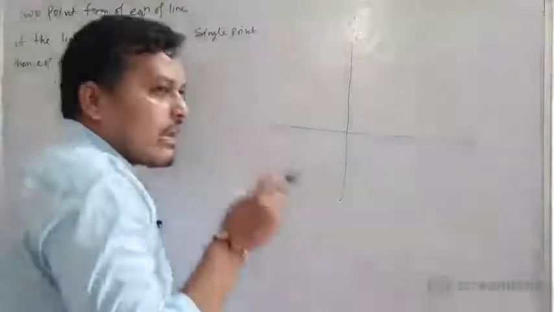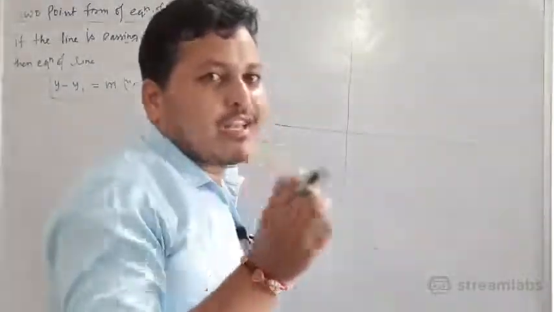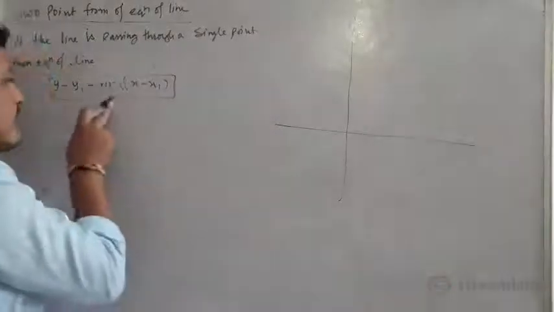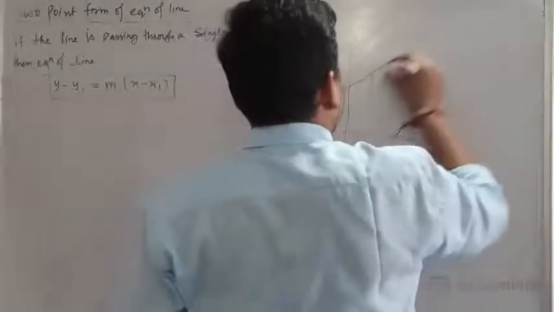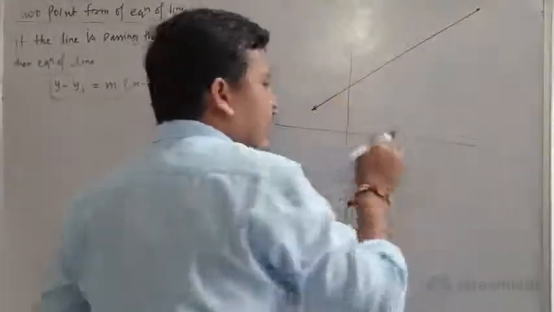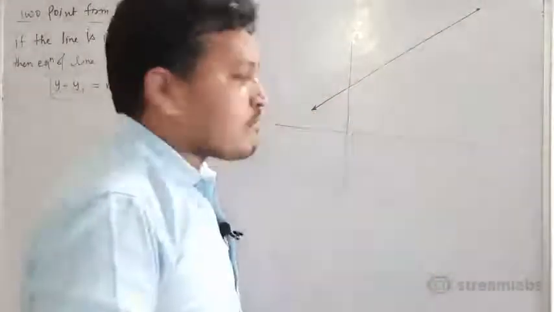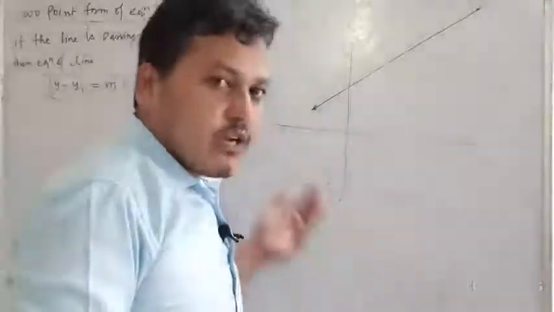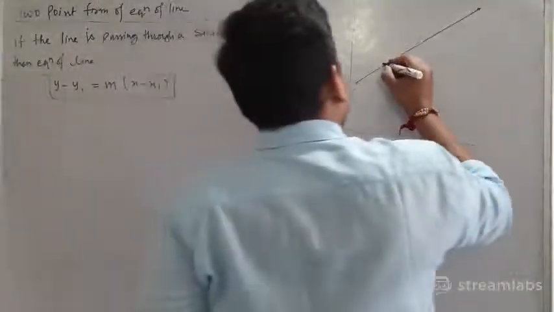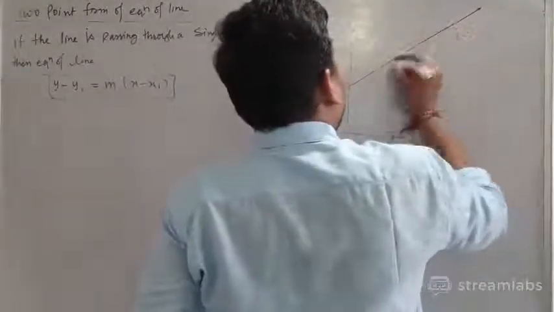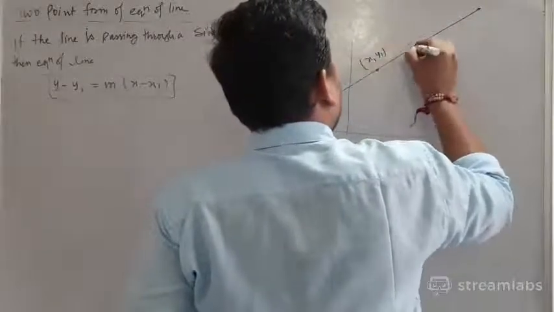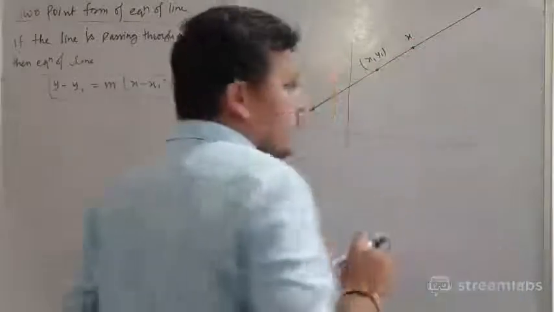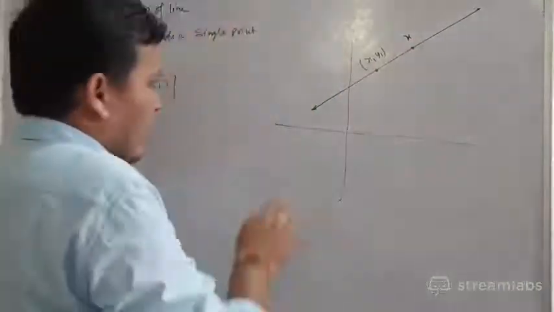Okay sir, one small change will come in this equation. Suppose a line is passing through the x axis, you can take any axis. Let the first point be x1 y1, the second point x2 y2, and one more point x comma y.